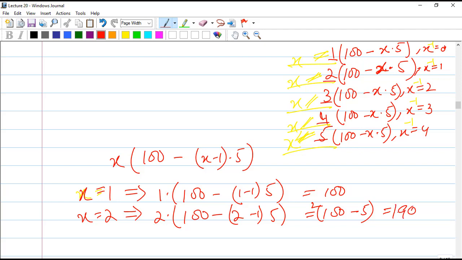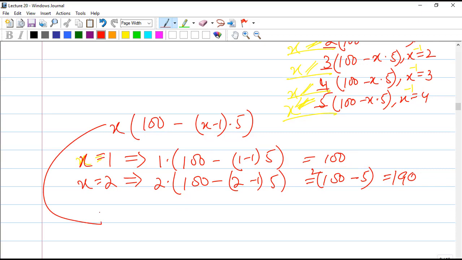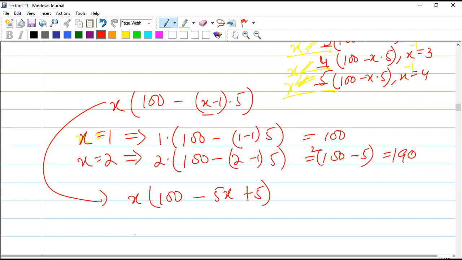We can verify it further. So we can just open this bracket to simplify it. It would be x into 100 minus 5x minus 5, and this minus will become plus 5. So that will be x into 105 minus 5x, which is equal to 105x minus 5x squared.